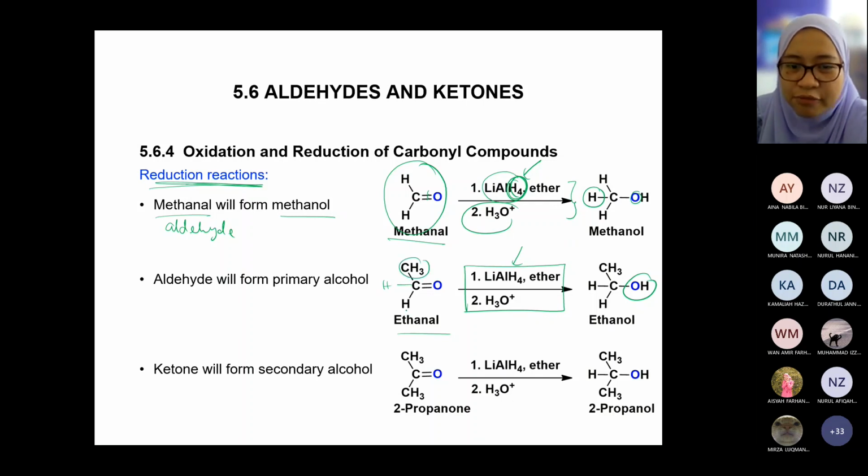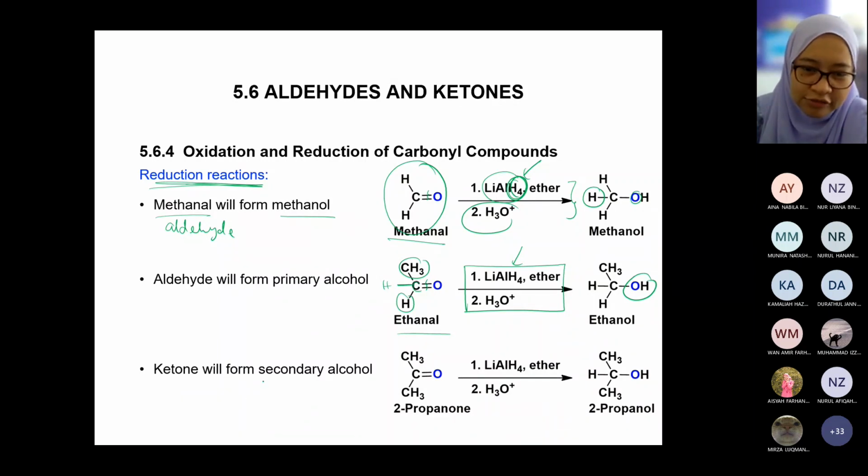CH3 remain. H ni pun remain. Tak ada kena keluarkan apa-apa. Jadi alkin ke apa. No. Okay, so you just tambah hydrogen pada oxygen and another hydrogen to the carbon. Because ni nanti dah break. Bila dah break, dia akan buka lagi satu bond dekat situ. So siapa yang akan masuk? Hydrogen. Okay, alright. How about ketone?